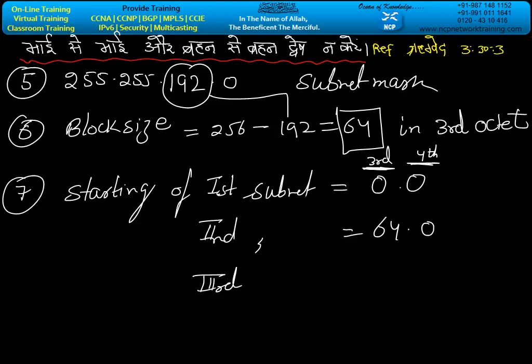Then third subnet will start from 128.0, and fourth subnet will start 192.0. Addition of the block size in class B will be in third octet always. Addition of block size in case of class C will be in fourth octet always. Okay. In case of the class B, we are dividing in third octet via block size. Block size is a factor.